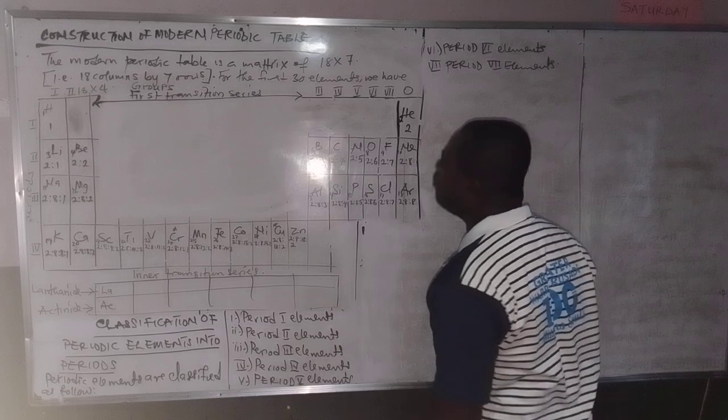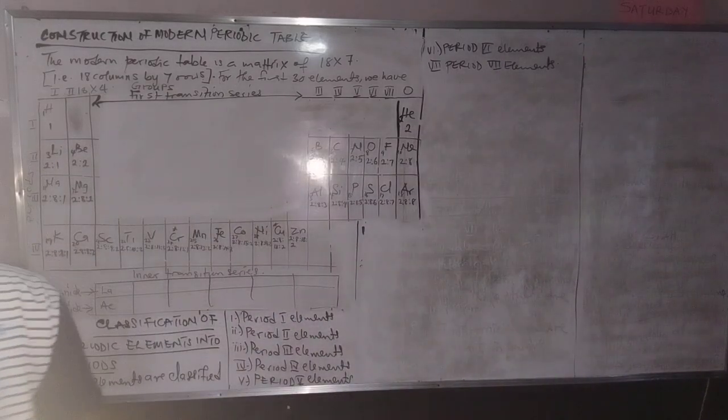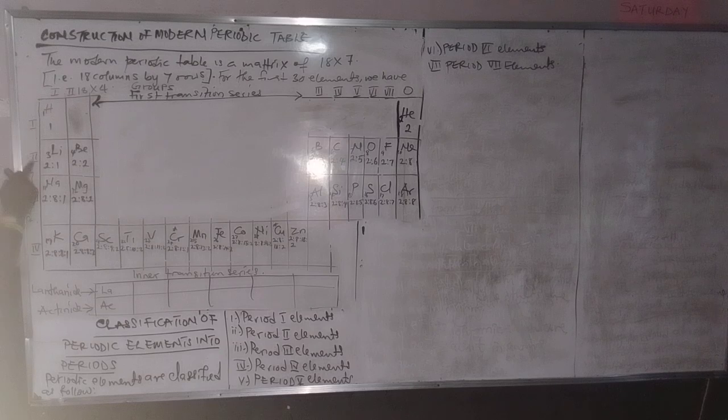So we have 7 periods, but captured on the board here we have period 1, period 2, period 3, period 4, and here this is period 6 and period 7.